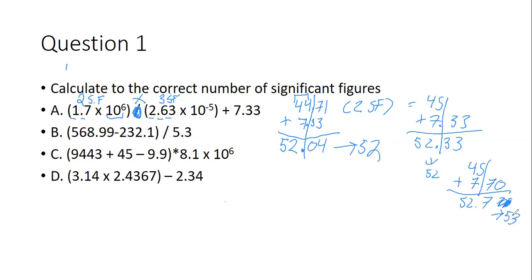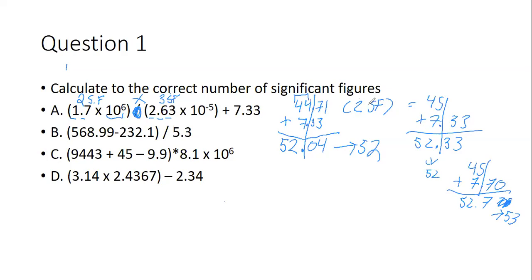So you might get the wrong answer. Again, the answer won't be off by that much, but you should never round during a calculation, because if there's a lot of calculations you have to do over and over and over again, you will get that rounding error. So that's why I wrote 44.71 parentheses 2 sig figs.